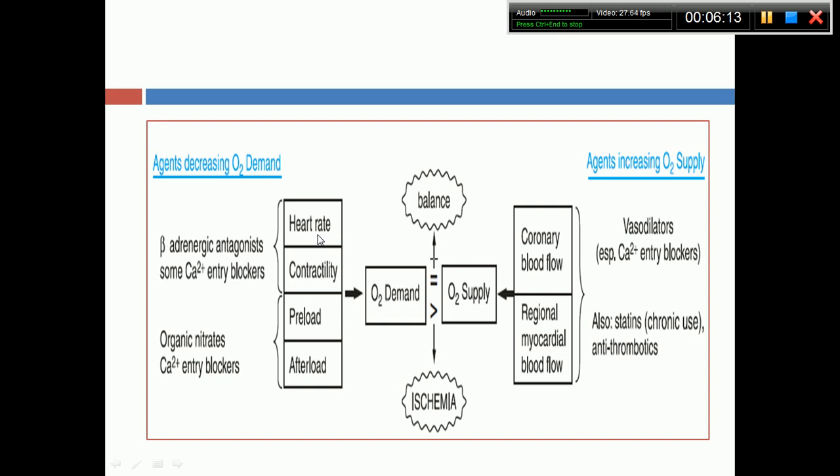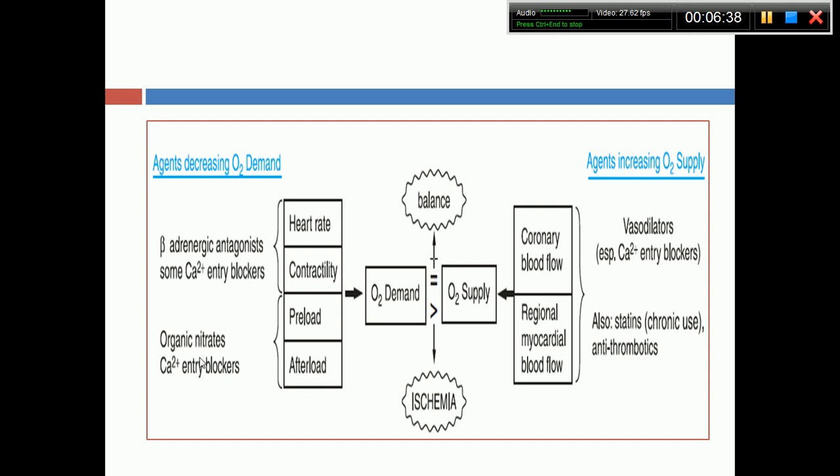But if heart rate is like 60 to 70, then the oxygen demand would be different. So beta adrenergic antagonists and calcium channel blockers will decrease oxygen demand by decreasing heart rate and contractility, the force of contraction.